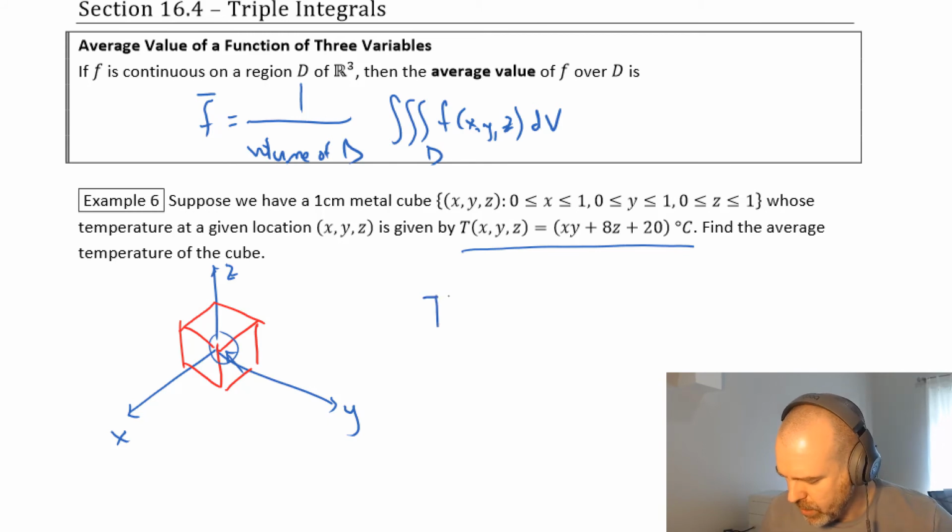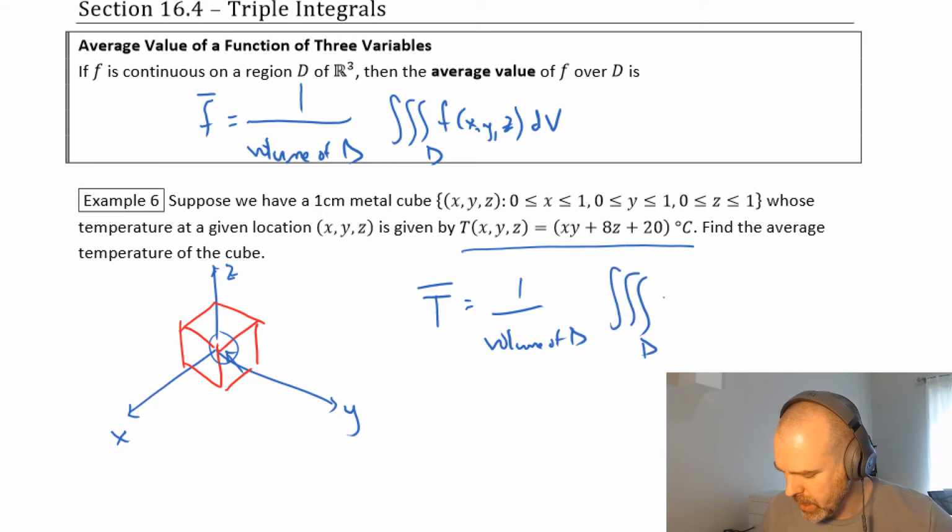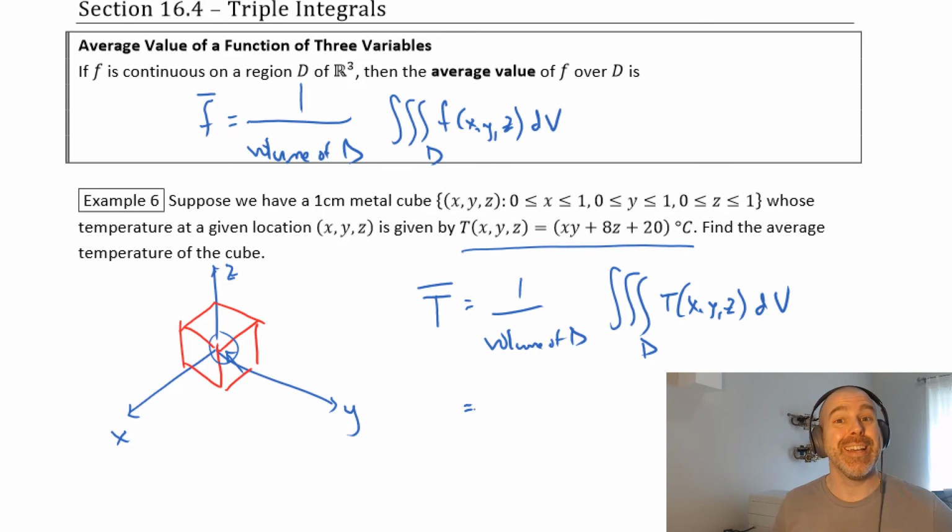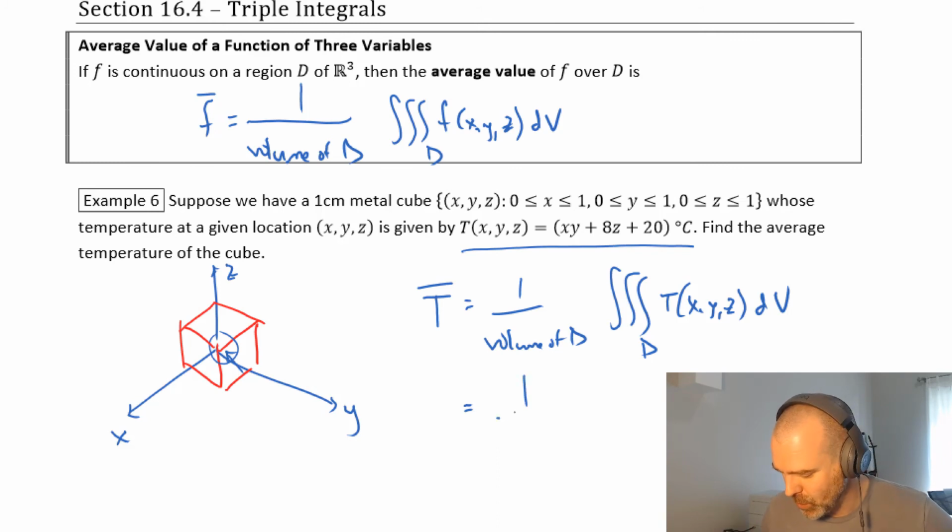So the average temperature, T bar, would be 1 over the volume of D times the triple integral over D of the T function, dV. Conveniently here, the region is simply a 1 centimeter cubed region, so that's 1 over 1 centimeter cubed.